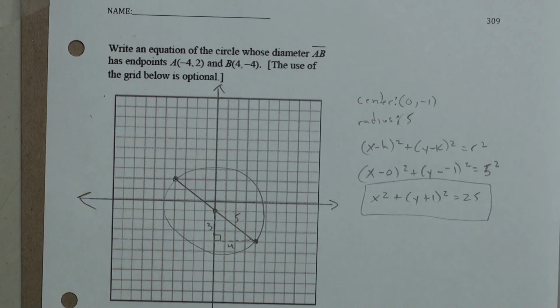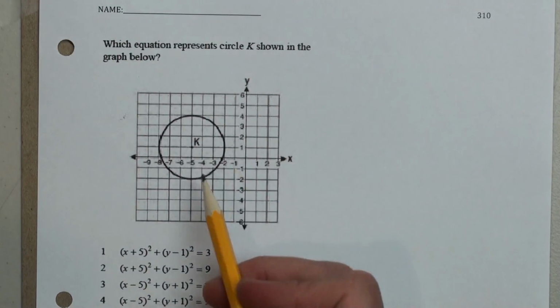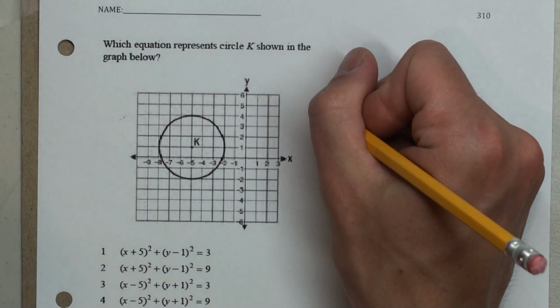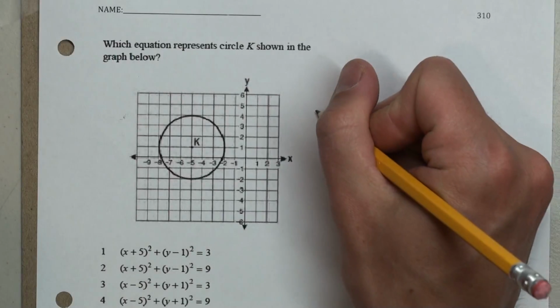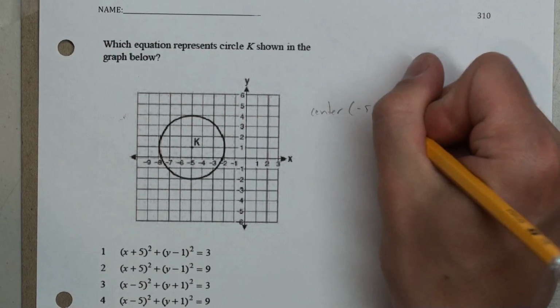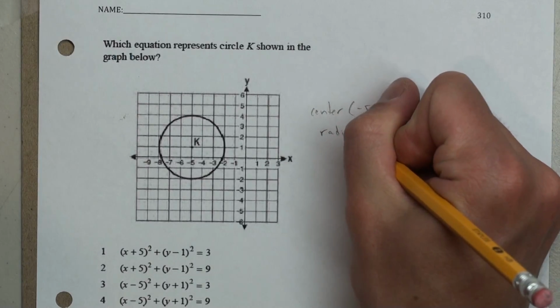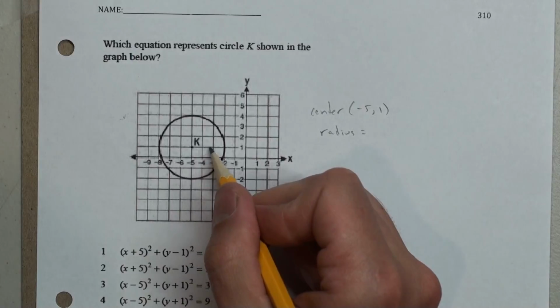Okay? Let's see. So the center is at (negative 5, 1), and the radius is 1, 2, 3.